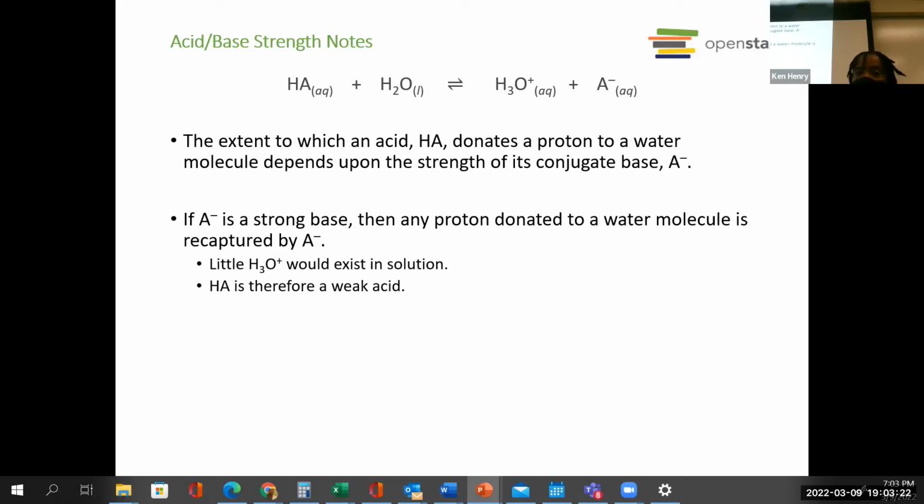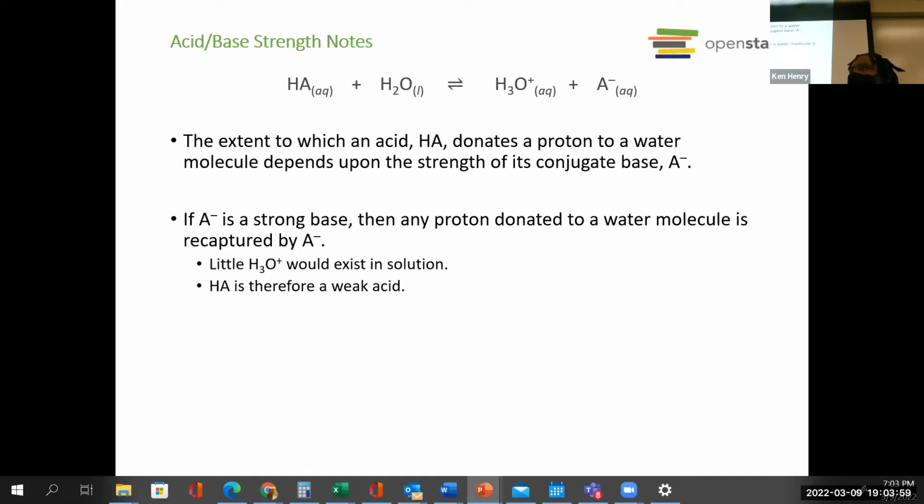Okay, so if we have HA plus water yields the hydronium ion and the conjugate base, the extent to which an acid donates a proton to water depends on the strength of its conjugate base.